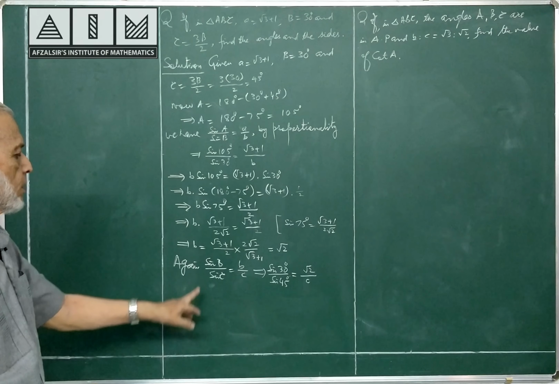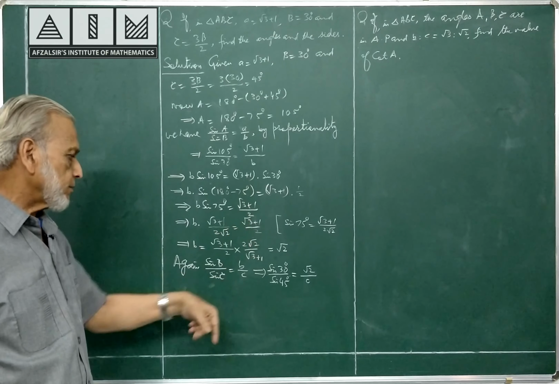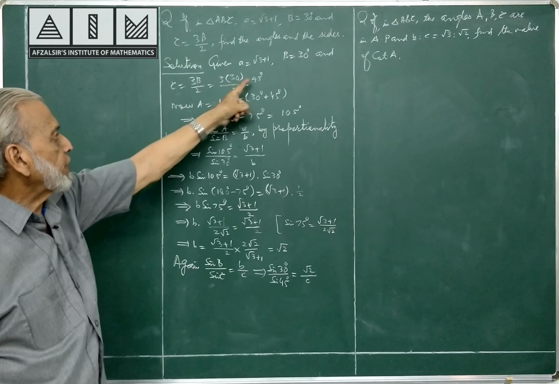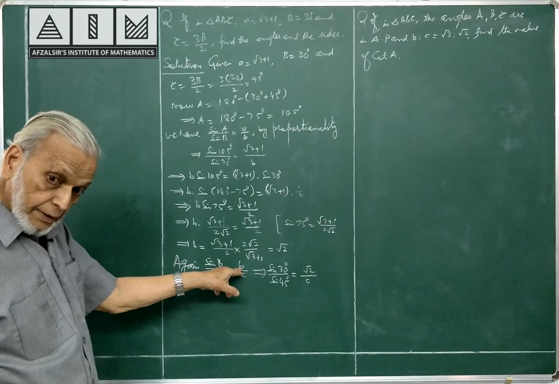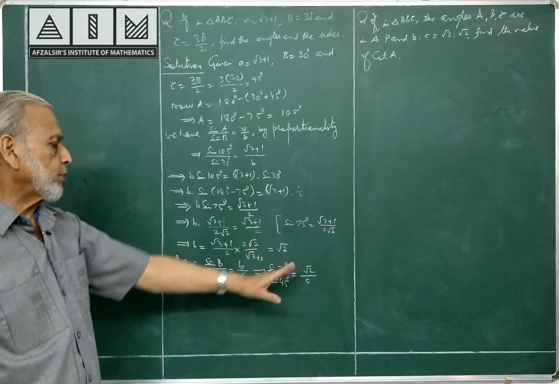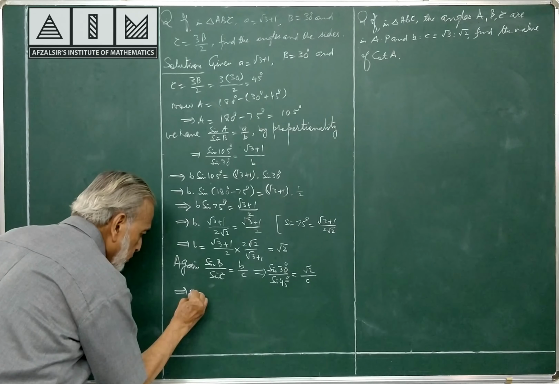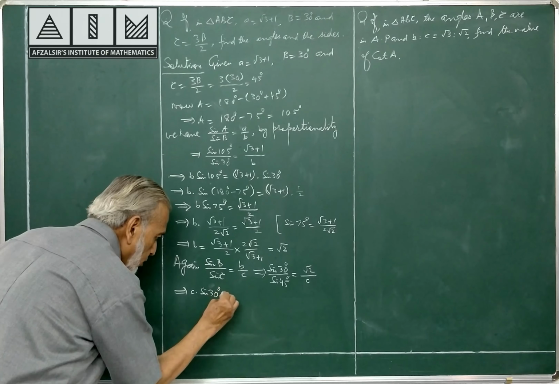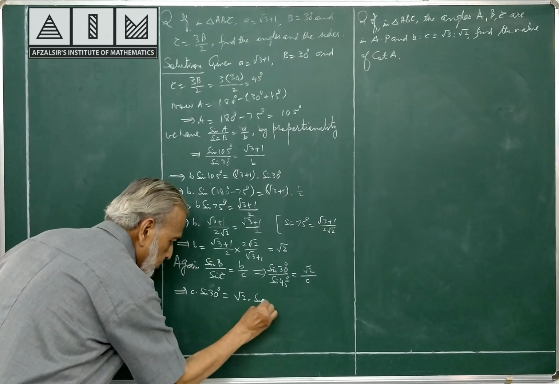Understand once again, sin B by sin C is equal to b by c by proportionality. Sin B is sin 30 degrees, sin C is sin 45 degrees, small b, that is side b, just found out, is equal to root 2. So b by c, root 2 by c. I am proceeding. Cross multiply, c into sin 30 degrees is equal to root 2 into sin 45 degrees.